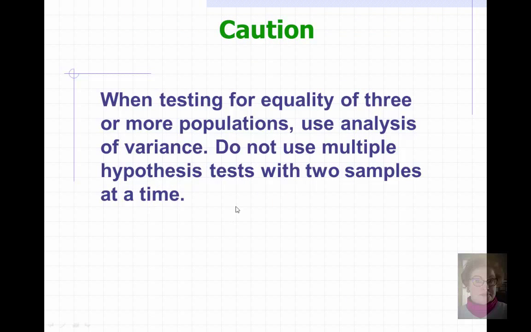When we do this, we are not going to do t-tests between the samples to see which ones are different. When we do that, we have to put in a correction term so that we adjust for type 1 error.